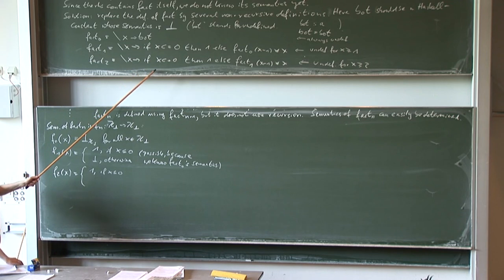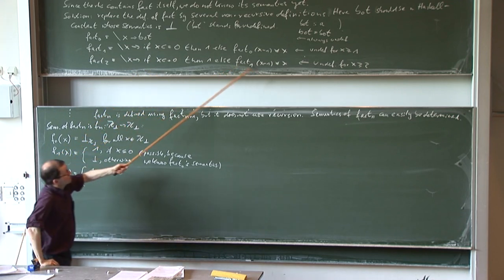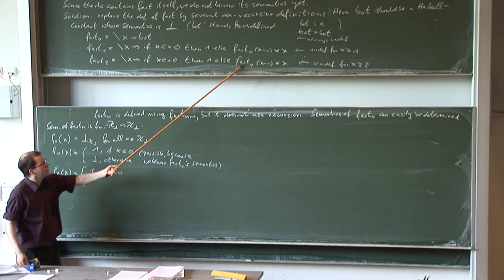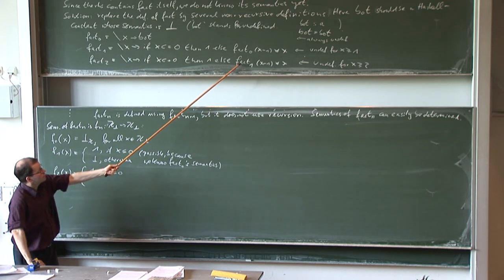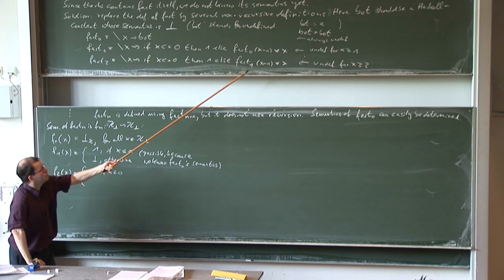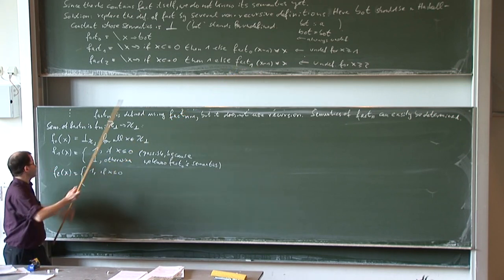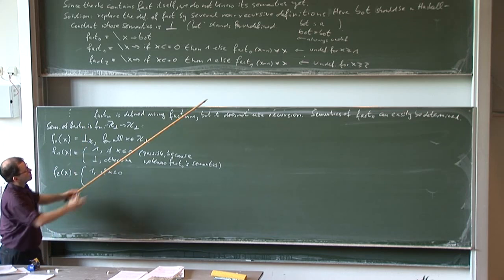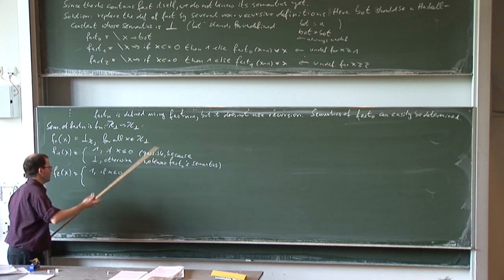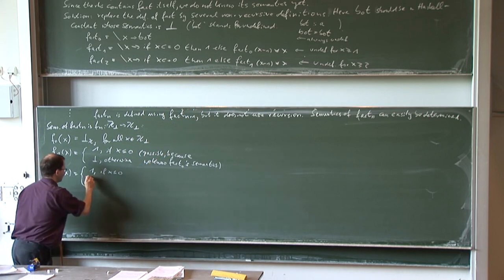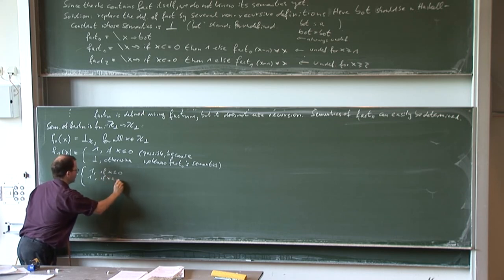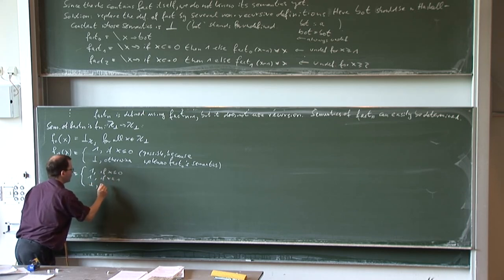And if x is not less than or equal than 0, then it gives us the semantics of this stuff over here. Now the semantics of fact1 is f1. So if x is 1, then x minus 1 is 0, and fact1 of 0 is 1 by this. So it gives us 1 times 1. It gives us 1 if x is 1 and undefined otherwise.